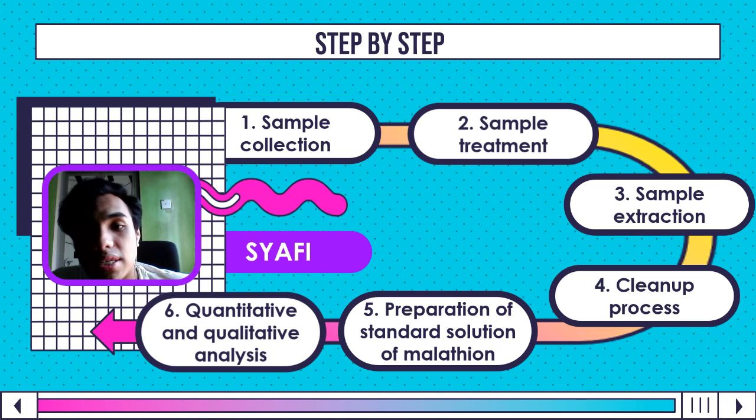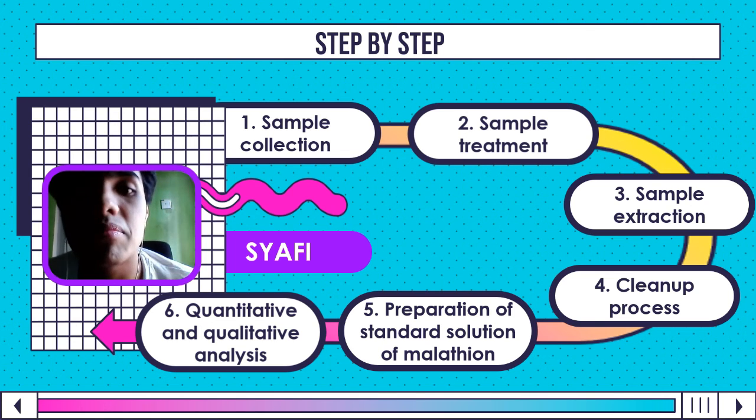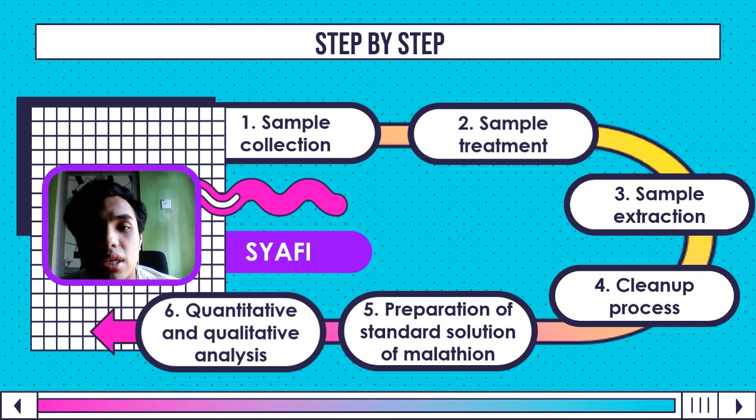And the third step is we must do an extraction of the sample at the lab. The fourth is we must clean up the sample before injecting into GCMS. And the 5th step is we must do a preparation of standard solution of Malathion.